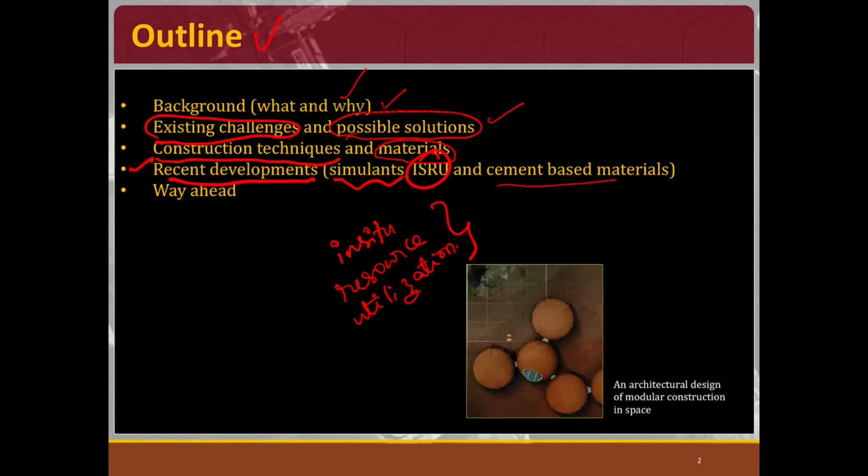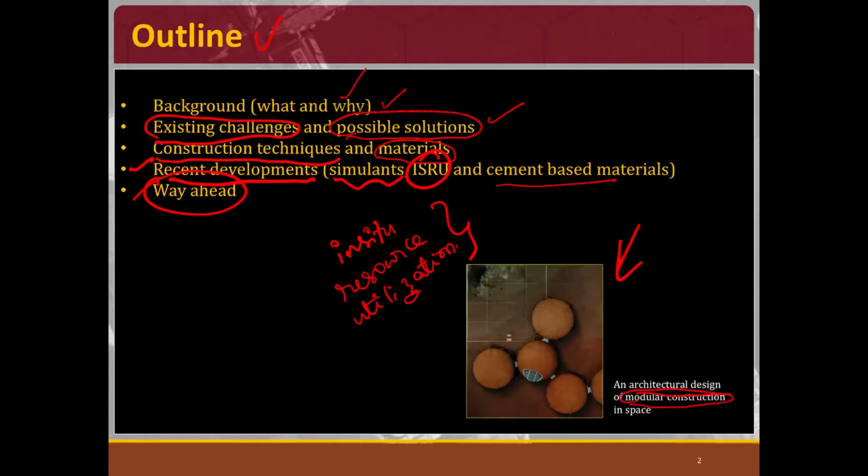And also we'll discuss some latest developments with respect to cement based materials for space construction. And finally we'll wrap up this video series by discussing the way ahead, or the future of this research or the program. And on the right here, you can see an architectural view of how the constructed units would look.